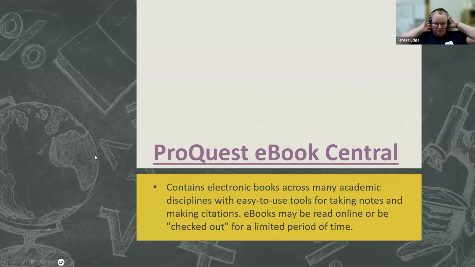So I'm going to move on to our ProQuest platform for ebooks. It's ProQuest eBook Central. As we mentioned earlier, you can land in this platform from our general library discovery search, or you can search it directly. It contains ebooks across many academic disciplines and also has tools for taking notes and citations.